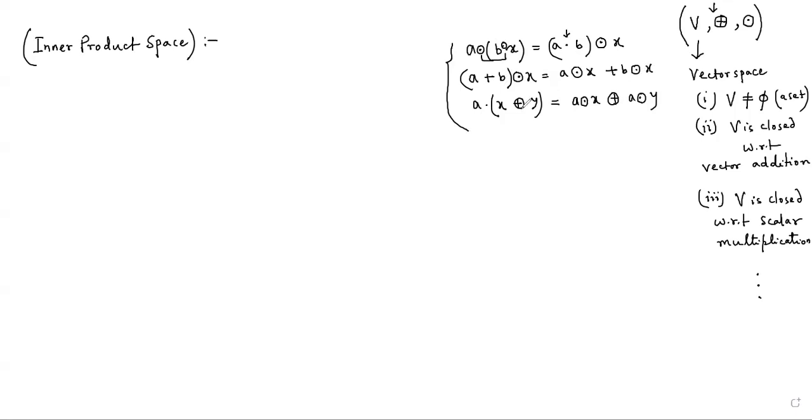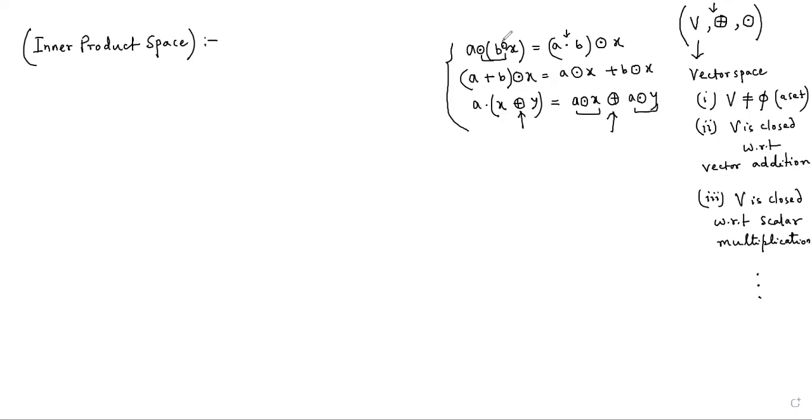Here, this plus is from the vector operation, it is the vector addition, and these are the vectors. But in none of these properties do we use the product of two vectors. The product of two vectors has not been introduced in any properties of vector spaces.